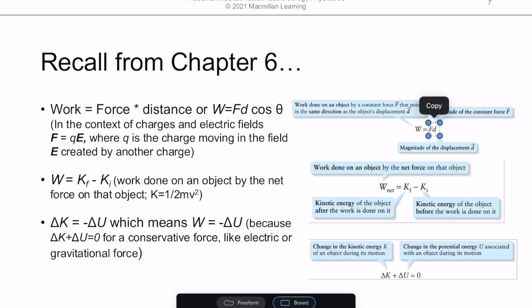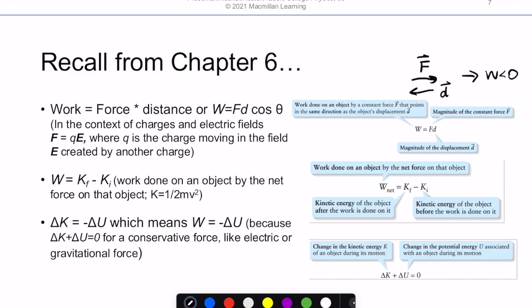Okay, and so if they're in the same direction, like in this particular equation, then the result is positive. But if they're in different directions, so if the force vector is this way, and then we're moving an object opposite to the force vector, let's call that D vector, then this is a situation where work is negative.